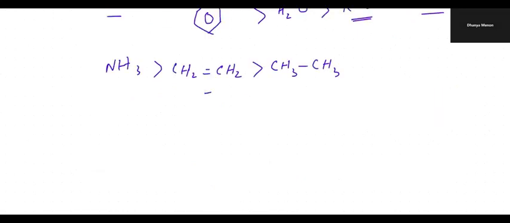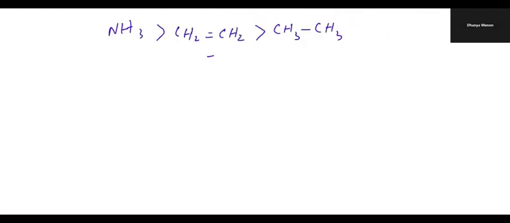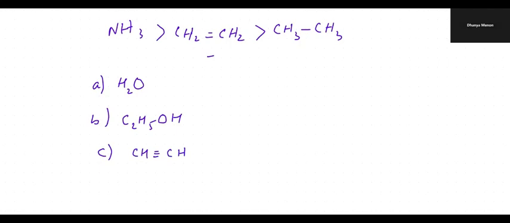Now, coming to a question, suppose A is water, B is C2H5OH, ethyl alcohol, and C is CH triple bond CH. You have to tell the acidity order.